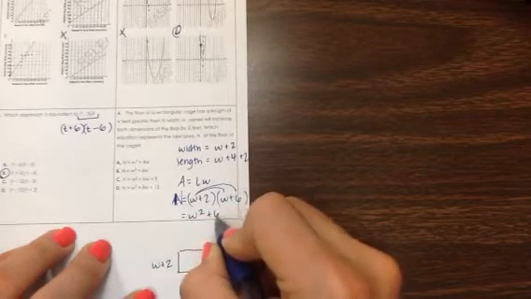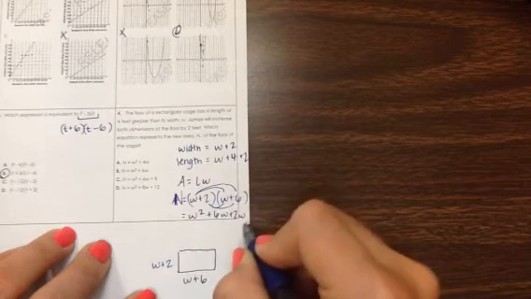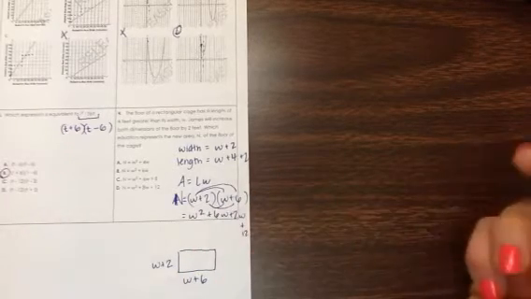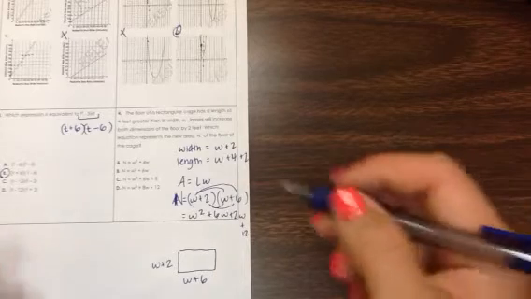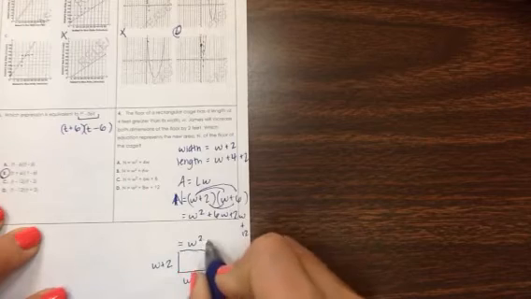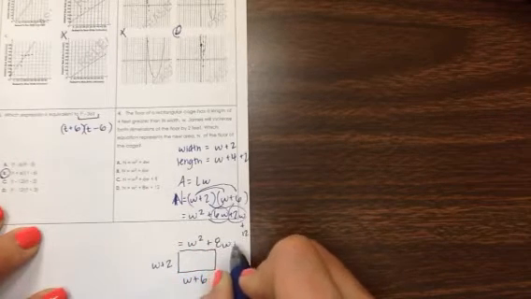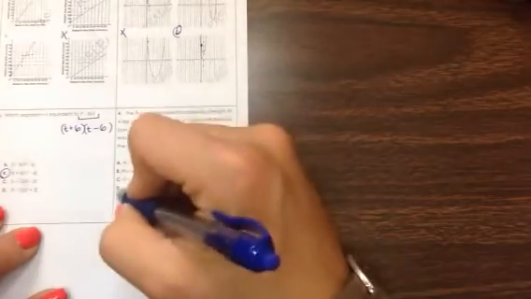First, outer, inner, last, 12. So we can simplify by combining our like terms. So we get W squared plus 8W plus 12, which is answer choice D.